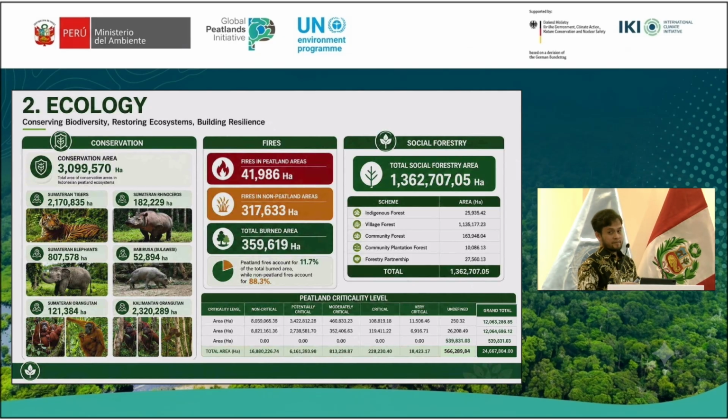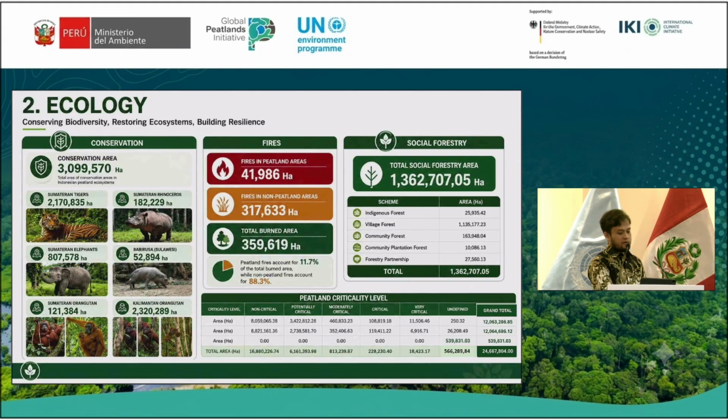They represent our responsibility to maintain ecosystem resilience by protecting the biodiversity, like we can see here, baby rusa, Sumatran rhinoceros, and others, and how to continuously reduce fire risks, lower the peatland criticality levels, and of course support local livelihoods through social forestry. We can see here 1.4 million hectares only in peatland areas in Indonesia.